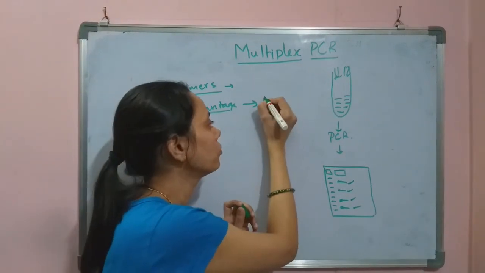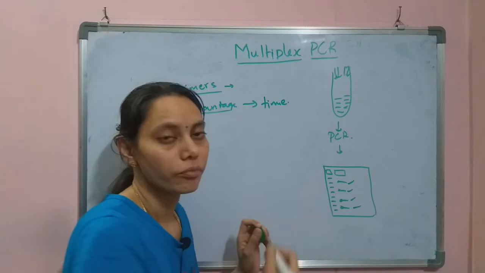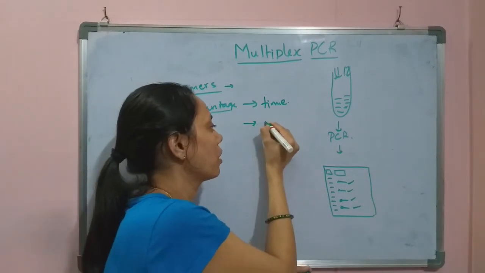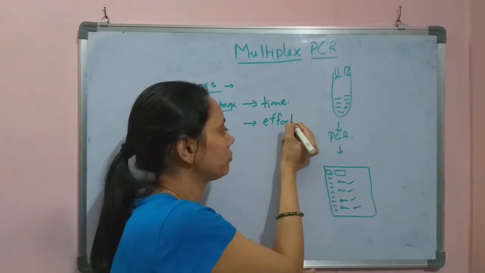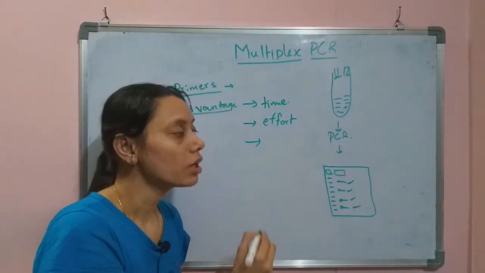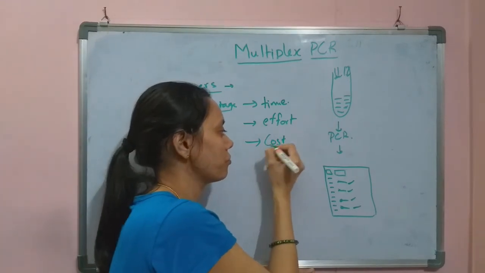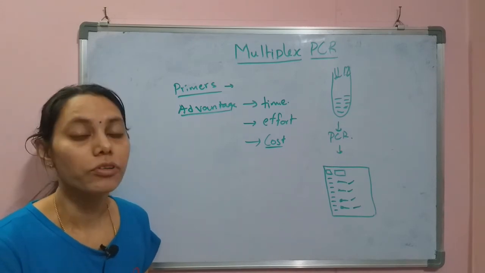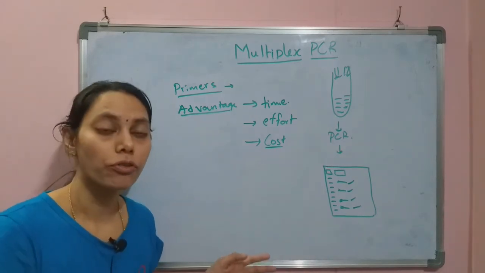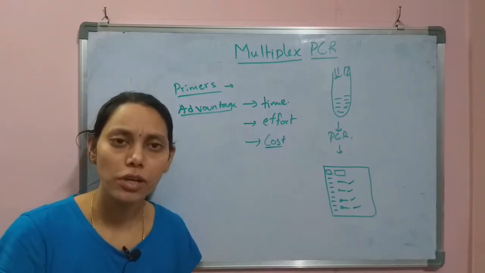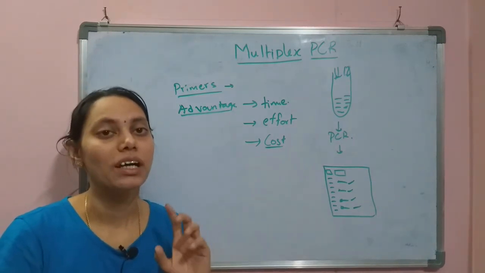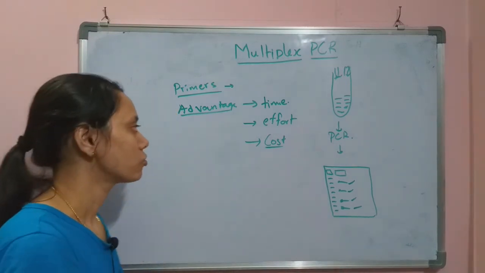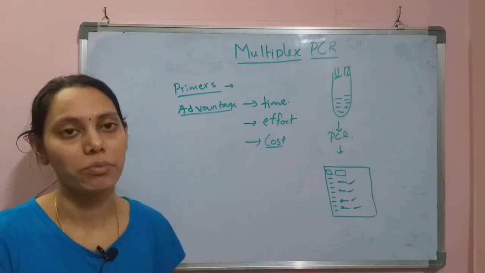The only benefit is to reduce the time, because these PCR reactions are lengthy, and the manual effort, and also the cost of each reaction is reduced. If we are taking four reactions, four reaction mixtures have to be prepared. If we pool them within a single reaction tube and carry out all reactions, then the cost is obviously reduced. So these are the main advantages of multiplex PCR.